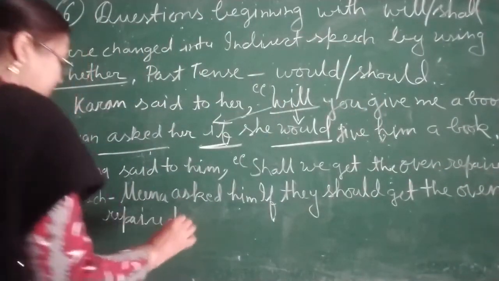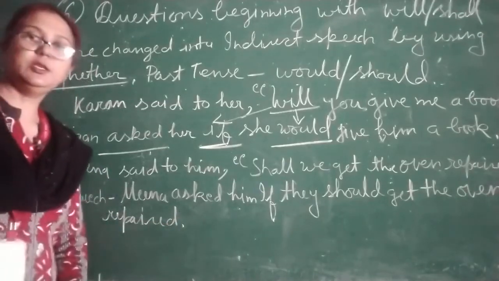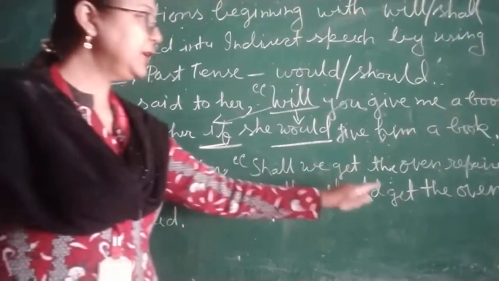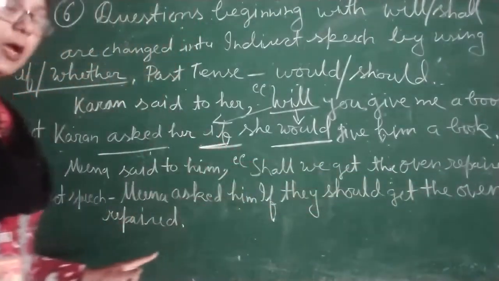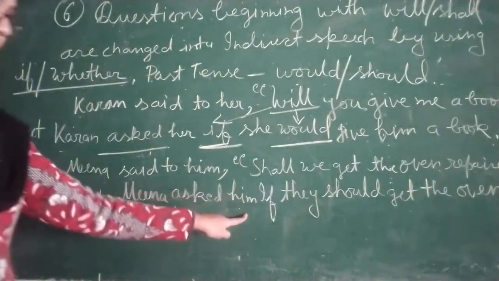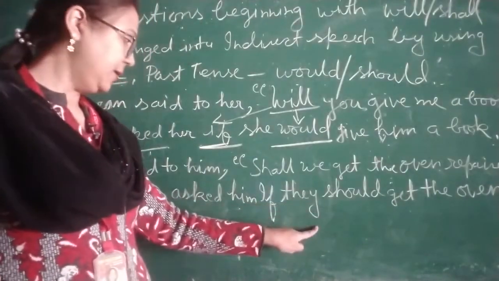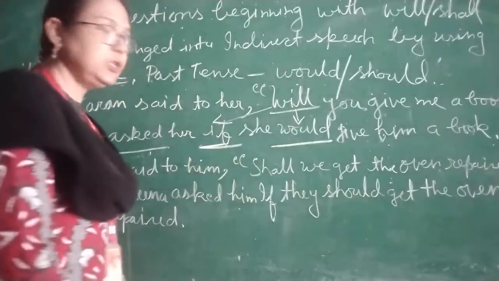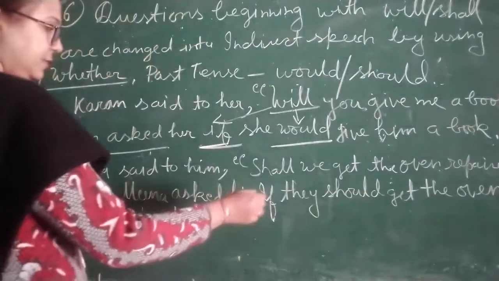Okay. So here children you can see the changes what we have done. Meena said to him, shall we get the oven repaired? Now Meena asked him if they should get the oven repaired. Now here you can see children, we have changed.